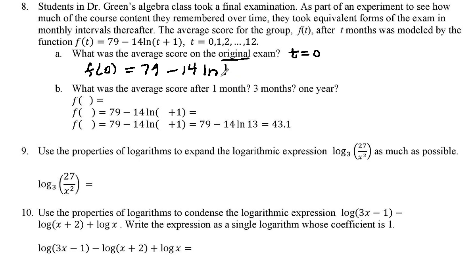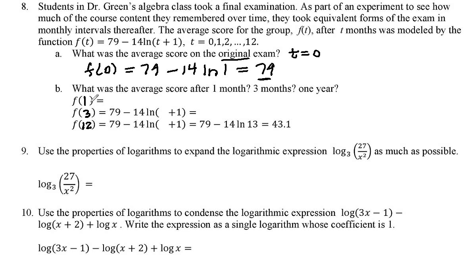But the natural log of 1 is 0, so this is just 79 minus 0, which is 79. So 79 was our average score at the start. What was the average score after 1 month? So that's saying t equals 1, so they want us to do f of 1, and then 3 months in 1 year. So that'll be f of 3, and then f of 12.